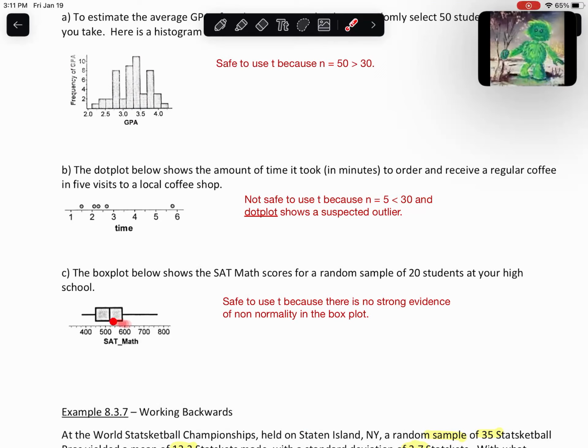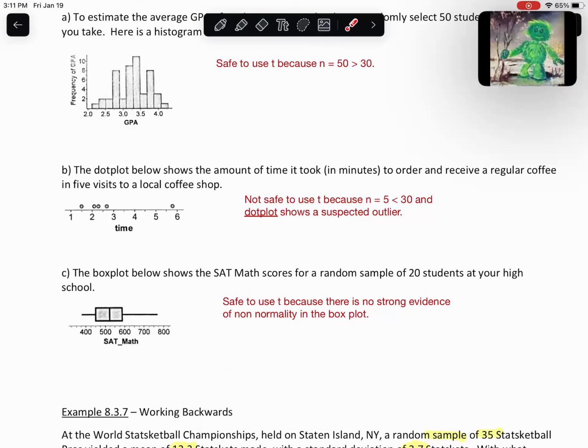It's not perfectly symmetric, but we wouldn't expect perfect symmetry. For the most part, the right half is a similar length to the left half. Unless I see extreme skew or an outlier, it is safe to use T, the robust procedure.